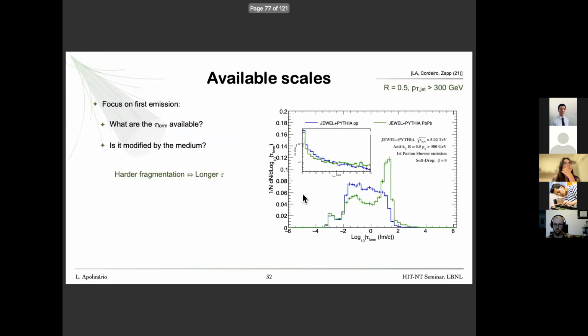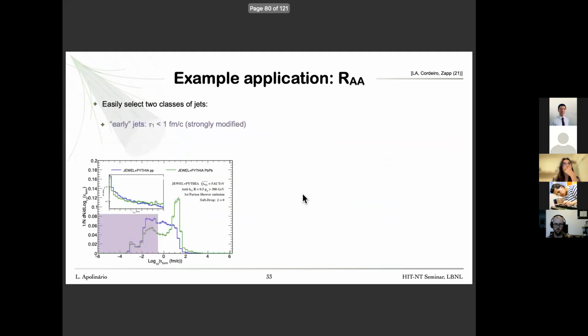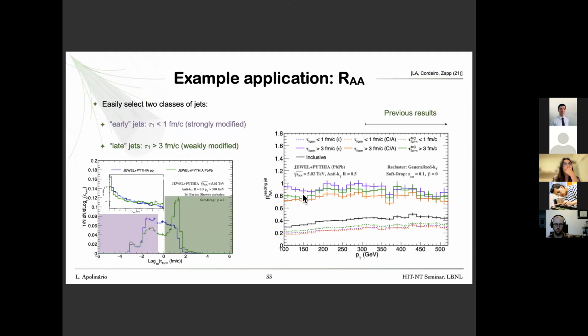But I think it's still useful because if you focus not on the vacuum shower, but the medium-induced part, then because of the particular splitting structure of the medium-induced contributions, most of these splittings are actually going to happen within the medium, very soft emissions.